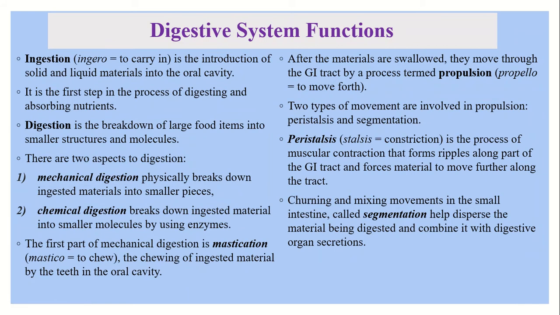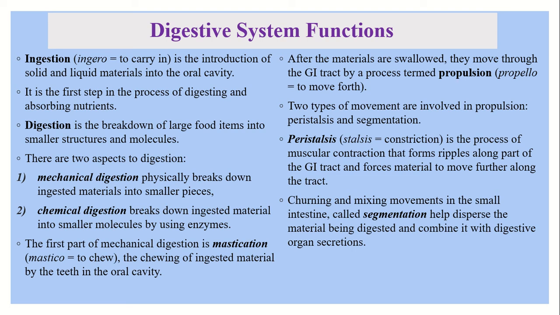Let us shortly discuss the functions of the digestive system, because it is very important to know for understanding the pathology of this system's diseases. There are some functions. First of them is ingestion. It is the introduction of solid and liquid materials into the oral cavity, and the first step in the process of digesting and absorbing nutrients.